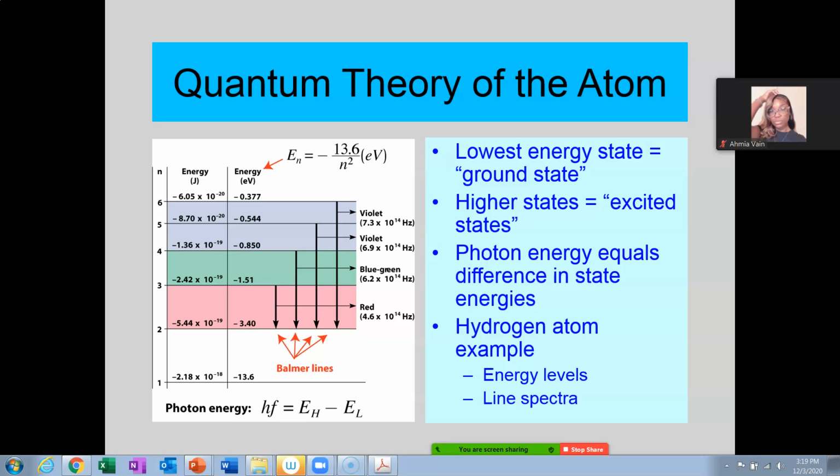So here's where we were last time. The quantum theory of the atom. And these we talked about. This formula here is the Balmer equation or Balmer formula. Okay. Now, let me give you a few little things, ways in which quantum mechanics differs from classical mechanics.